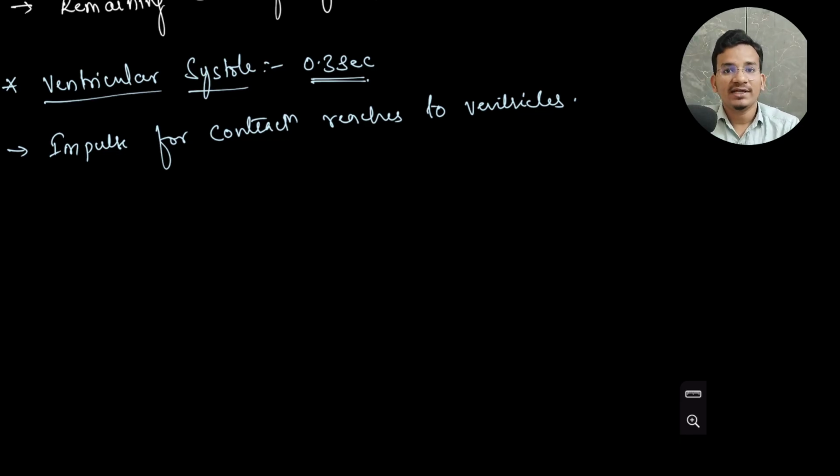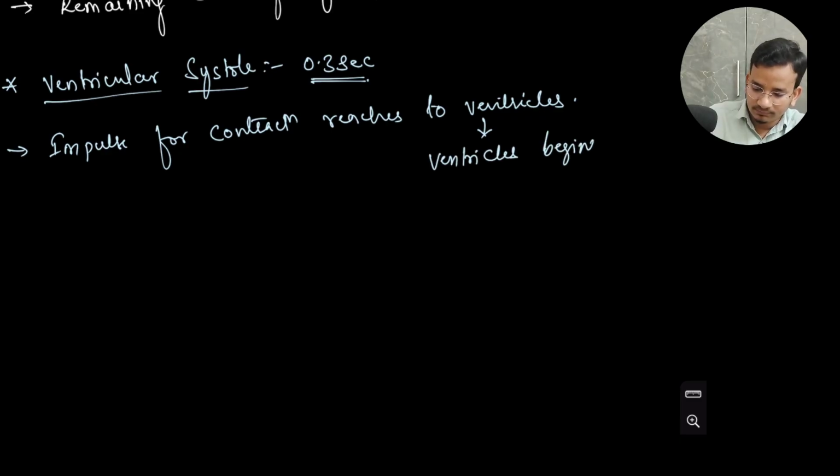From the AV node it is going to the bundle of His. From the bundle of His, along with the right and left bundle branches and the Purkinje fibers, these impulses are reaching the ventricles. So now the ventricles begin to contract.